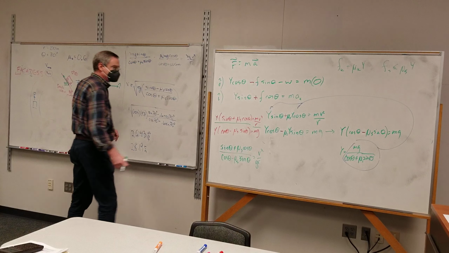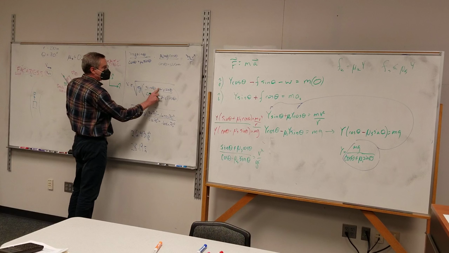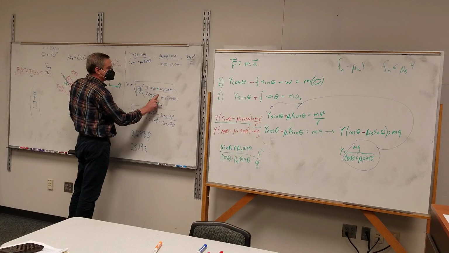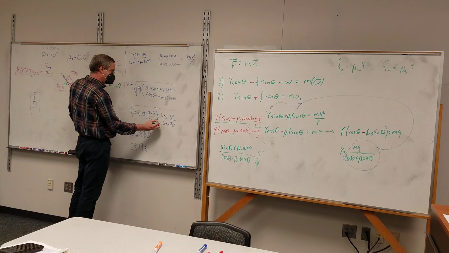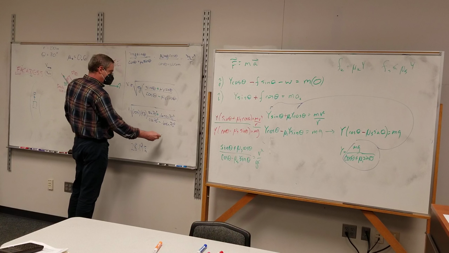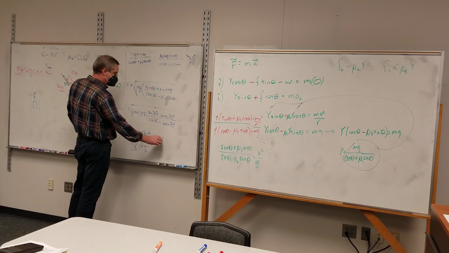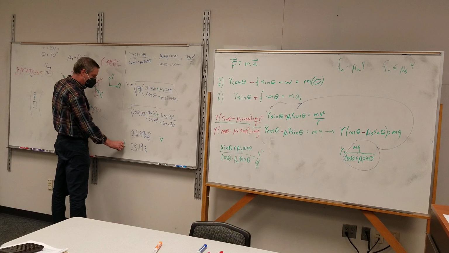Then if I multiply both sides by gr, take the square root, that becomes plus, that's minus, plus, minus, and we end up with this v min.